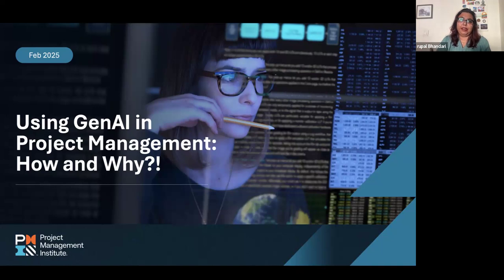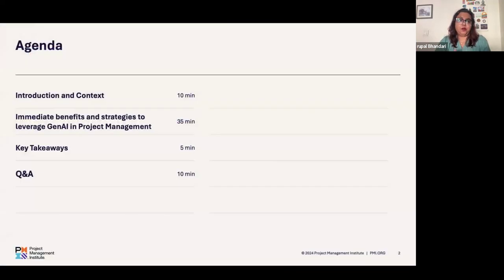So we're going to get started. Today's session is about using GenAI in project management, how you should do it, and more importantly, why you should do it. It's this new thing that is there, and what is the use for you? So here's what we have planned today for the agenda. We have about the next 6 to 7 minutes to set the context, to talk more about why we're talking about this topic.